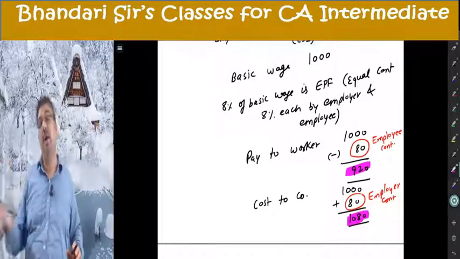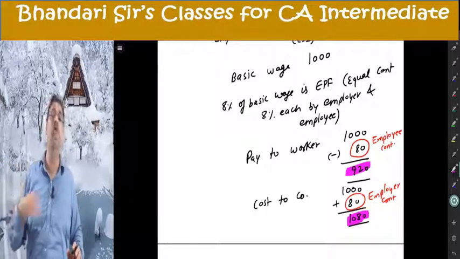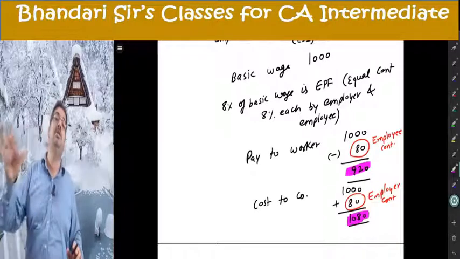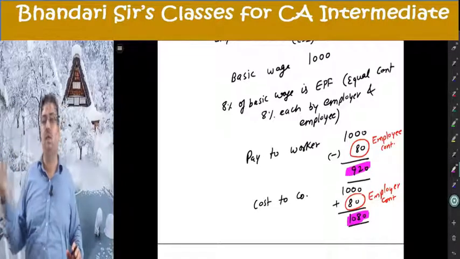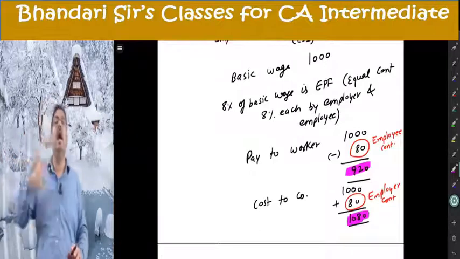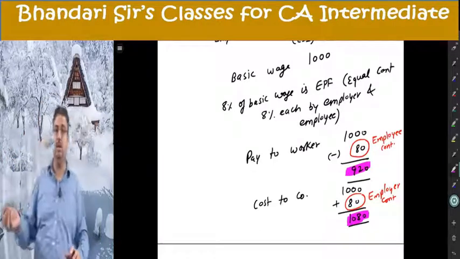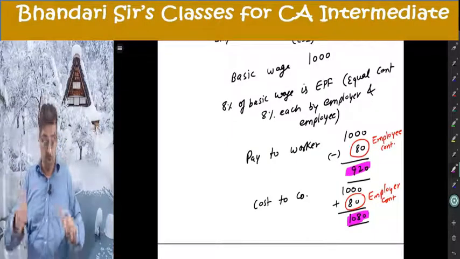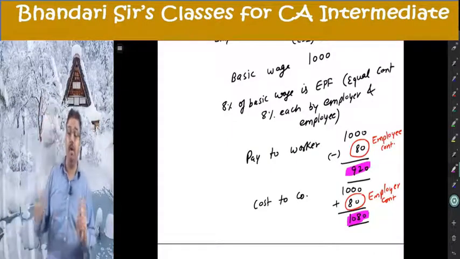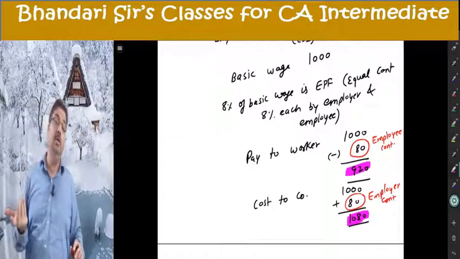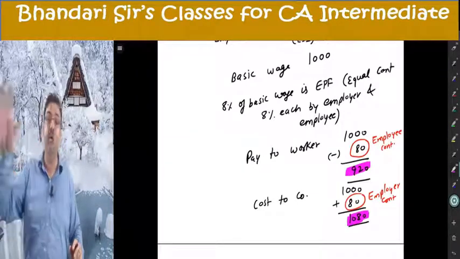They want employer and employee equal contribution of whatever percentage mandated by law or as per policies of the company. Labor laws are there, they may define. Otherwise, the company can give higher than those labor laws. Labor laws put a minimum, this much should be given. So this is one concept which will be very important in analyzing cost to the company and to determine wages being paid today to the worker.